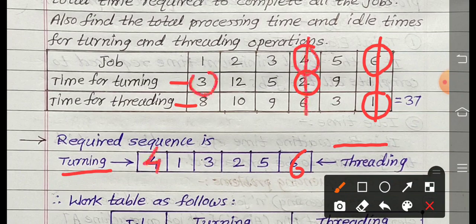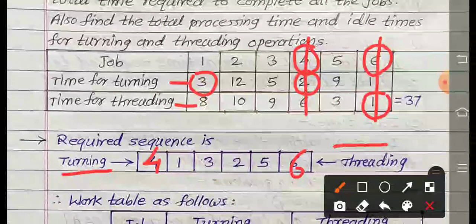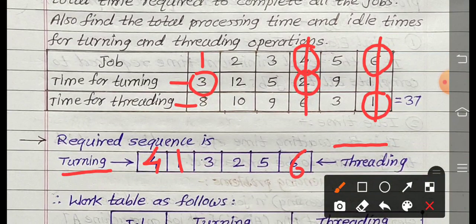This 3 is for the first machine and job number 1, so we write it from left to right. One more 3 is given for the second machine, the threading, for job number 5, so we write it from right to left, that is 5 here. Clear? Now cut this.